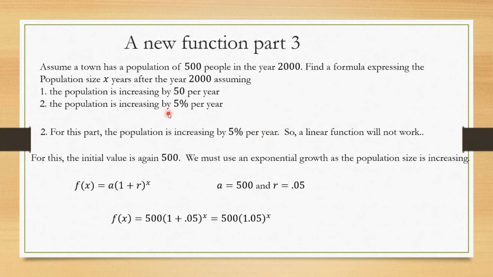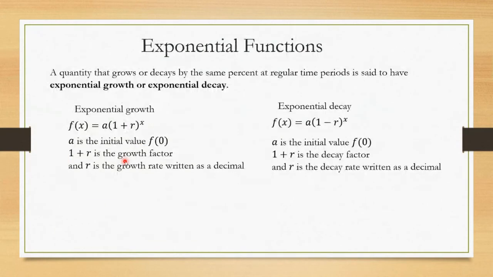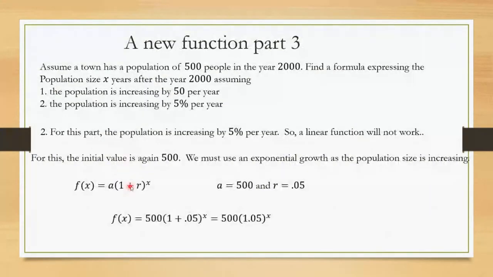So again, going back to part 2, we're told the population's increasing by not a fixed amount per year, but 5% per year. So a linear function won't work. We're using exponential growth. This is what our function looks like. This is the formula we just had. A is the initial value, which in this case is 500 in the context of the problem.